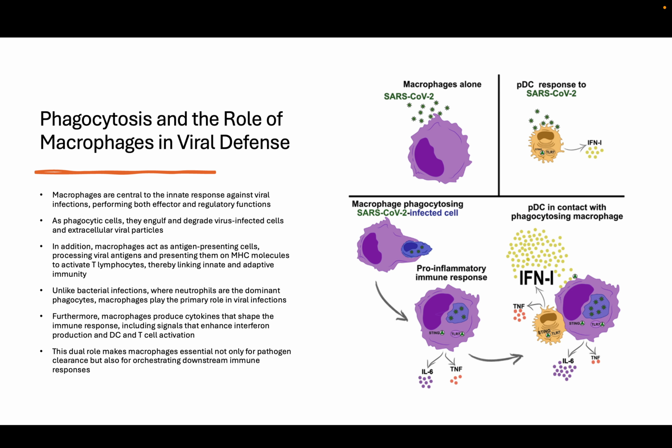They can also bring T cells through CXCL9 and 10 as well. So they orchestrate immune responses by bringing cells to the site of infection, specifically in viral infections. They can also produce a lot of interferons that help dendritic cell and T cell activation as well.